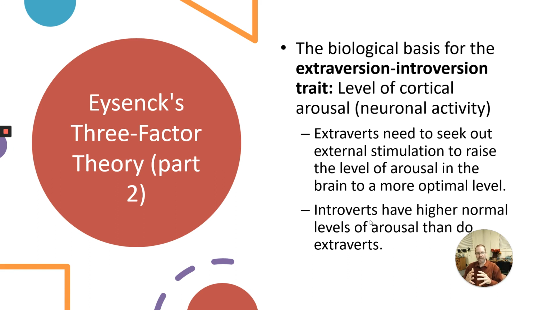Extroverts need to seek out external stimulation. Now, this is on Eysenck, by the way. So we're just trying to observe and explain what Eysenck's theory is. Extroverts need to seek out external stimulation to raise the level of arousal in the brain more to an optimal level.